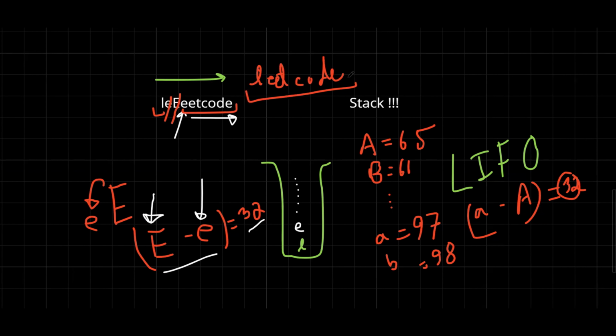So now I hope you understood the algorithm. Again, let's wrap up the algorithm. In this problem, we have to run a loop from left to right. And the principal algorithm of this problem is using the stack.